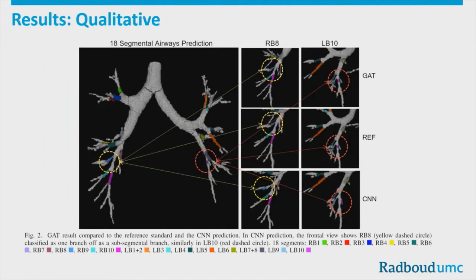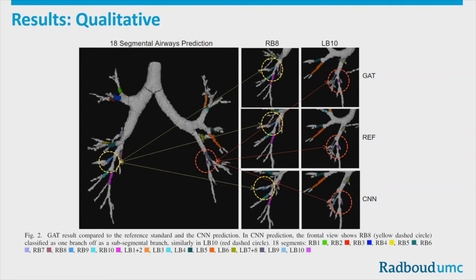And the qualitative results are shown here in the 2 columns on the right. We have 2 segmental branch results, RB8 and LB10. We have 3 rows. The first row is the graph attention network prediction, the second row is the manual annotation, and the third row is the convolutional network.